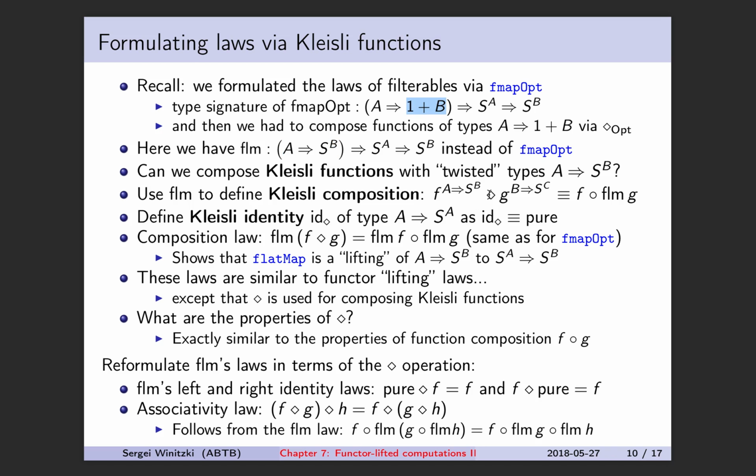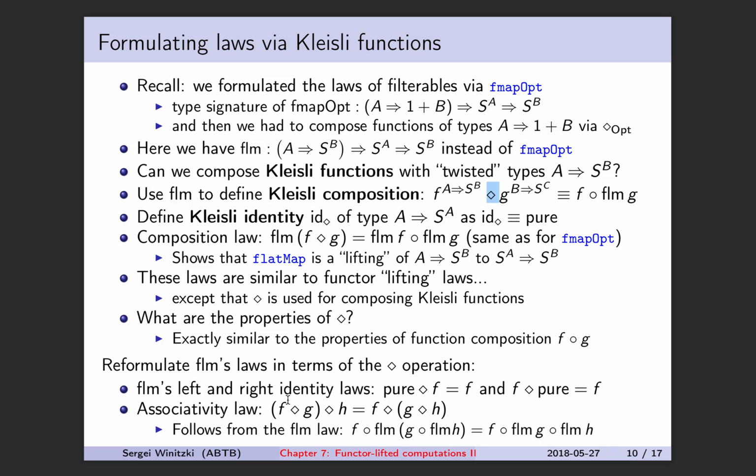So just analogously to what we did in chapter 6, we defined the Kleisli composition, Kleisli identity function, and we then show that reformulating flatMap laws in terms of the Kleisli composition operation, we get the left and right identity laws and the associativity law.